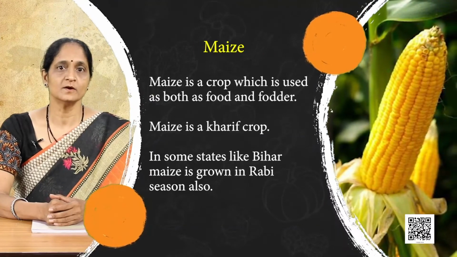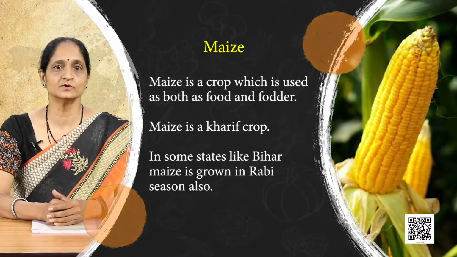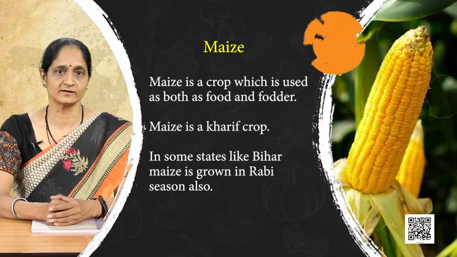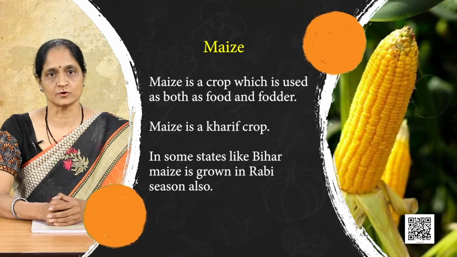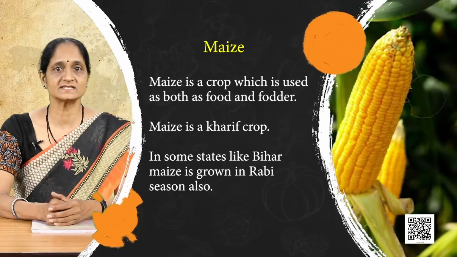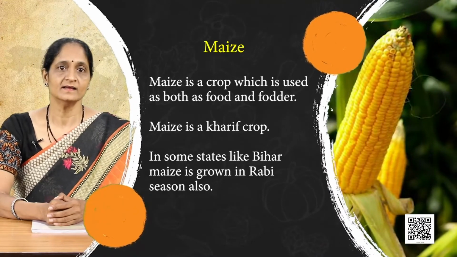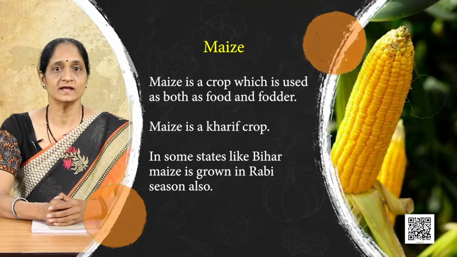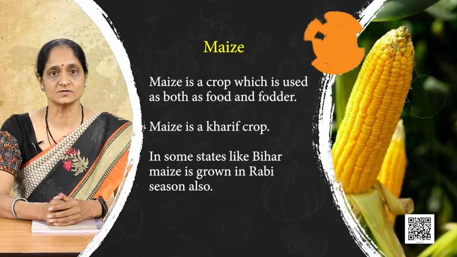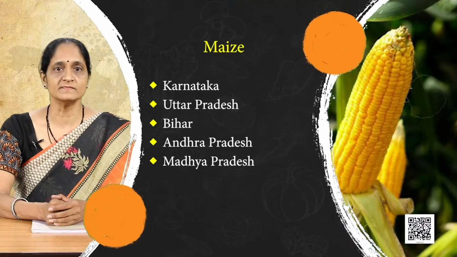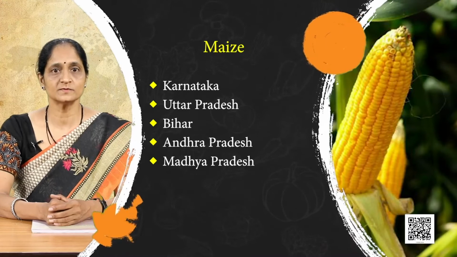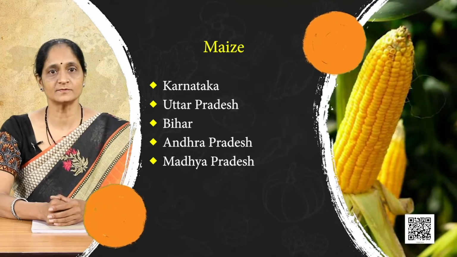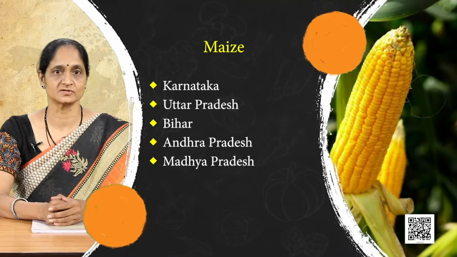Maize is a crop which is used as both food and fodder. Do you know, children, maize is a kharif crop. In some states like Bihar, however, it is grown in rabi seasons also. The major maize producing areas include Karnataka, Uttar Pradesh, Bihar, Andhra Pradesh and Madhya Pradesh.